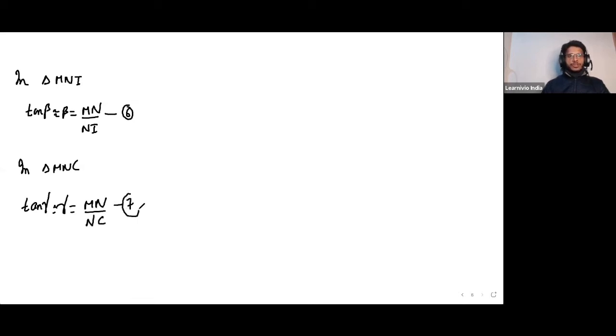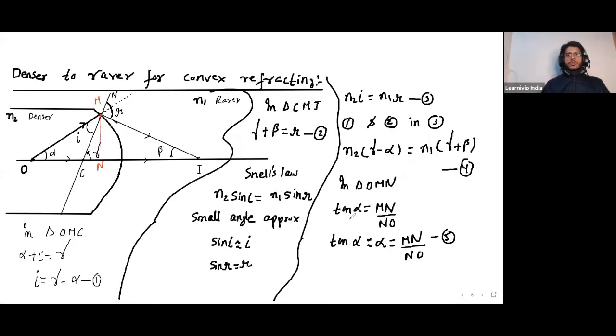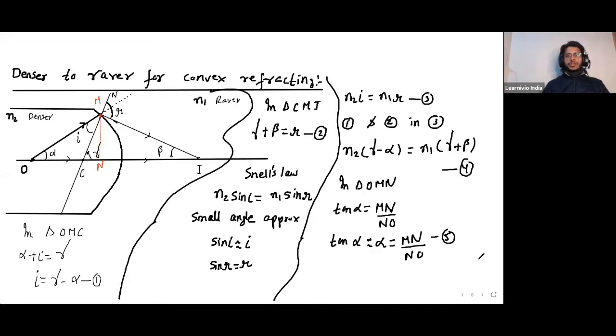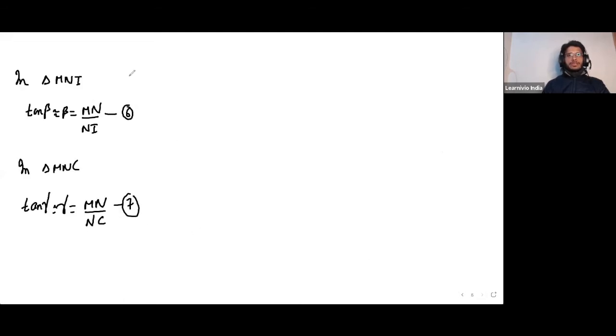That is equation number 7. So now I have the value of alpha, beta, and gamma. What I can do is substitute all these values of alpha, beta and gamma that we have calculated in 5th, 6th and 7th into equation number 4. Now let's substitute 5, 6 and 7 in 4th. We will substitute all these values in 4.